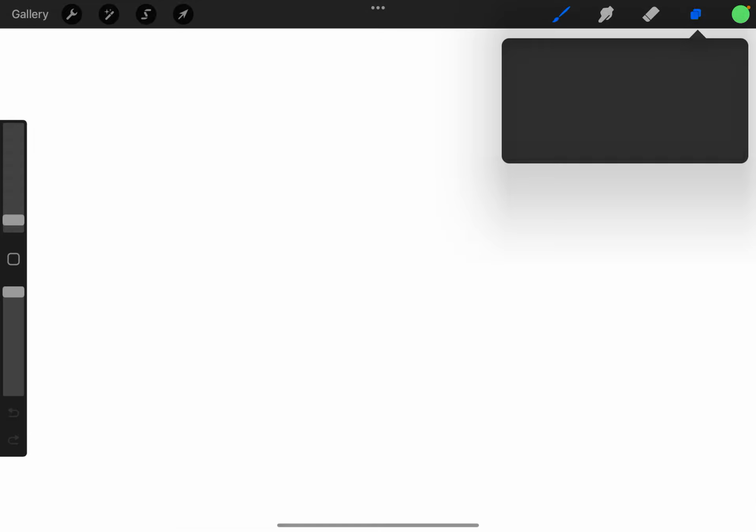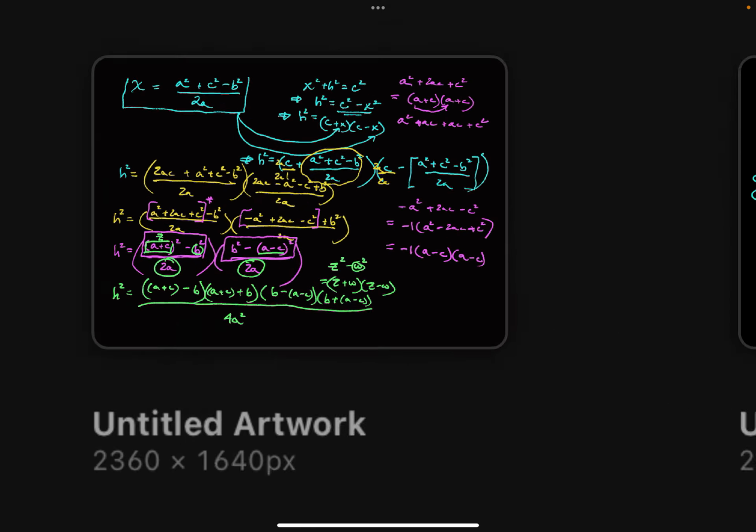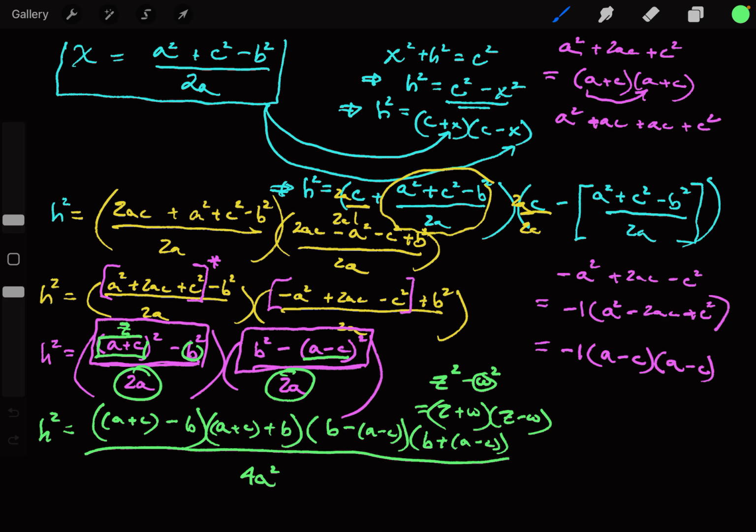So what we have now is, and this is again my first time doing this, h squared is equal to, and when you do the algebra on that last page, let's see if we can fit it here, 4a squared.